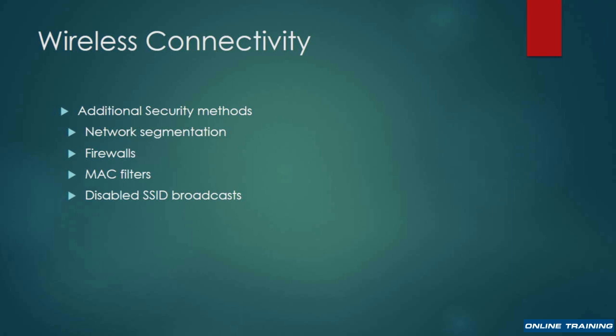So one is for guest and for internet access, and the other is for business reasons. That segmentation often happens via firewalls. The firewalls then control what can flow between the wireless network and the wired network.